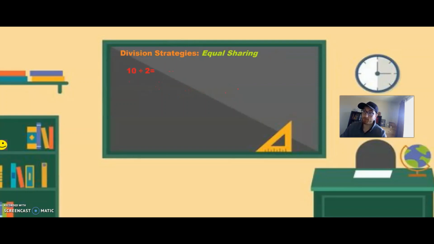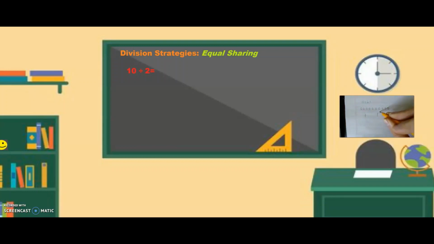Another strategy, which we worked on last week, is equal sharing. So let's say we have 10 divided by 2 again. Last week we did a question where 2 people were sharing 10 presents. You could still use the same kind of strategy. You had your 10 boxes divided among 2 people.